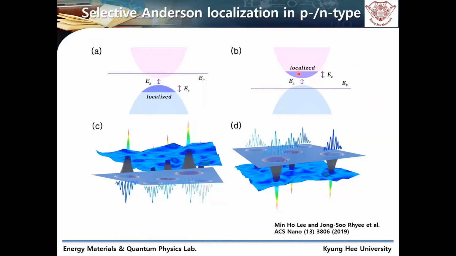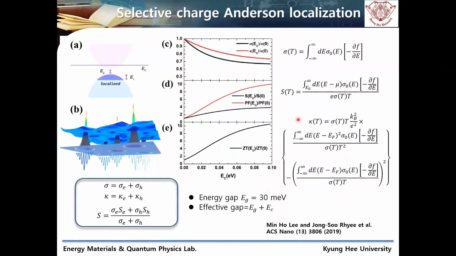We theoretically calculated this in terms of the Anderson localization formula. Here is an illustration of the thermoelectric parameters with respect to cutoff energy. Increasing cutoff energy means increasing the selective charge localization strength.